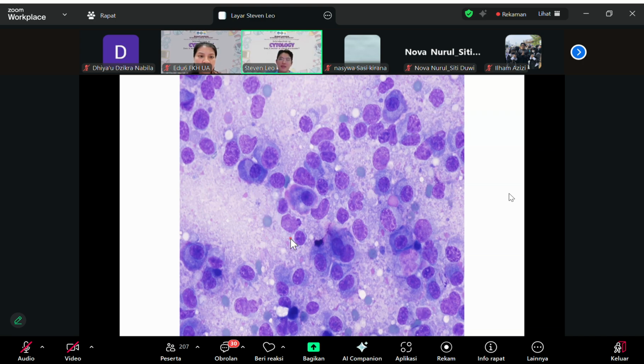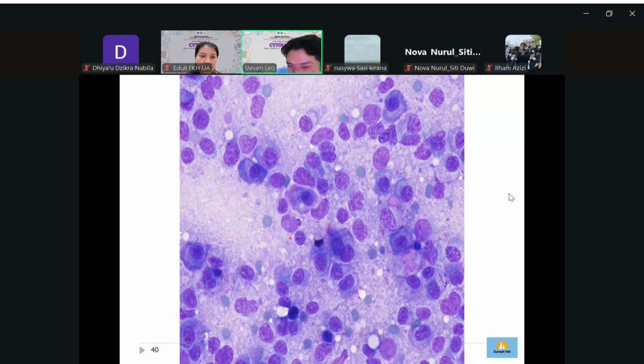And then for the round cell here, you have to think, okay, is there any granules or any vacuoles? More like vacuole.